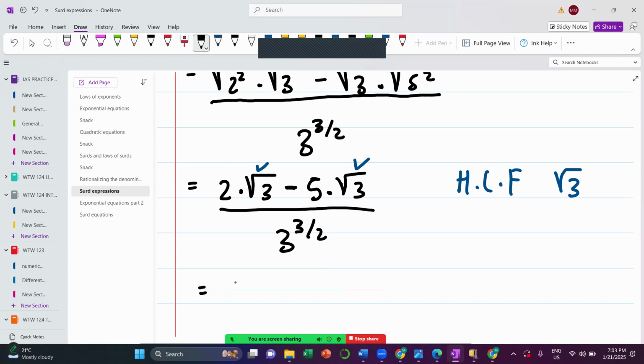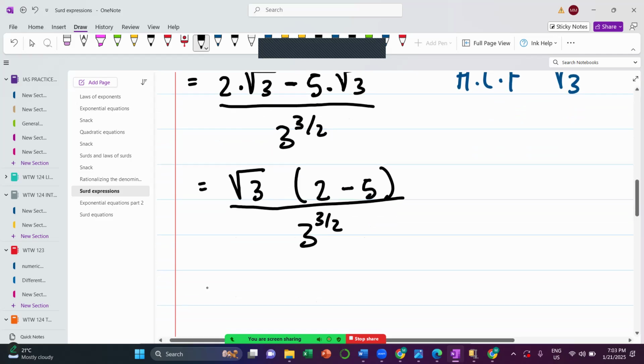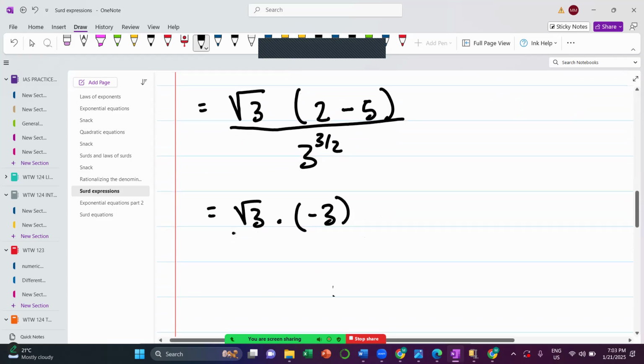So I'm going to have square root of 3 times 2 minus 5, all over 3 to the exponent of 3 over 2.